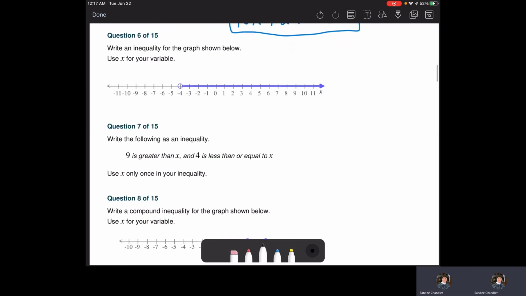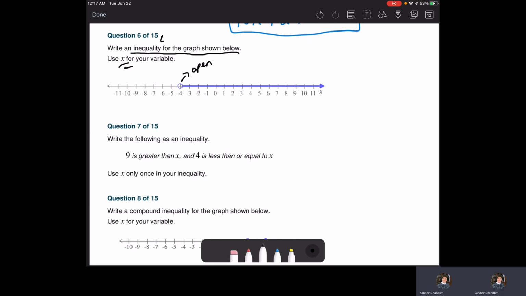Alrighty. Now we want to write an inequality for the graph shown below. We're going to use x as our variable. Be careful, make sure you always use x, or what do they tell you to use? Negative 4 we notice is open. Now they want an inequality. They don't want an interval.